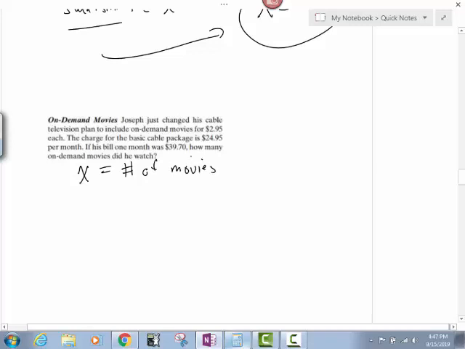We know that for each movie, he's going to spend $2.95. So let's say $2.95 times the number of movies. Now his cable bill is already $24.95. And that month, because he watched movies, his bill came out to $39.70.